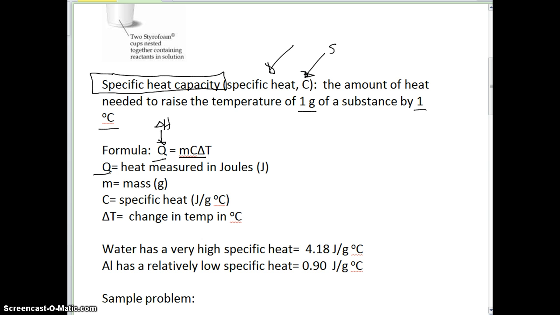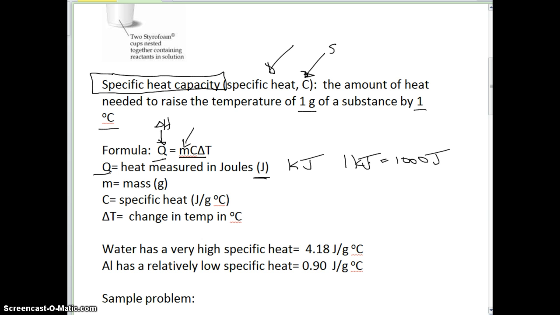But Q is going to be our heat. Delta H means heat as well, at constant pressure, which is our enthalpy, measured in joules or sometimes measured in kilojoules. And remember, 1 kilojoule is equal to 1,000 joules. So if we ever need to convert back and forth on that, we can.